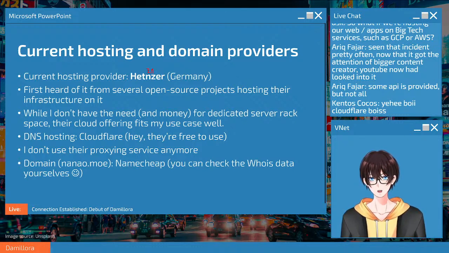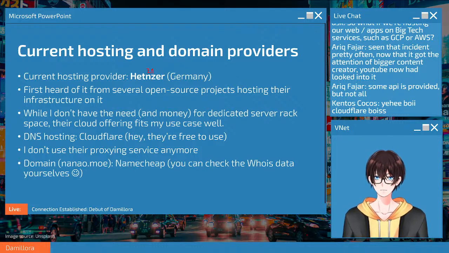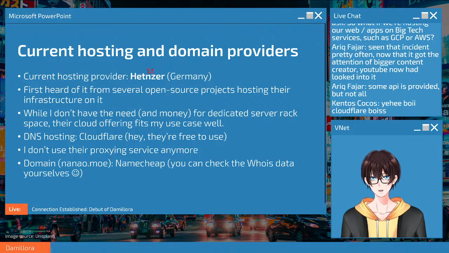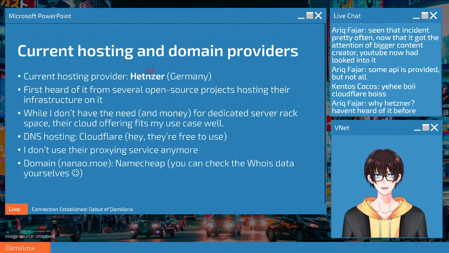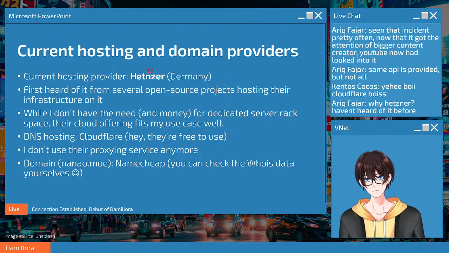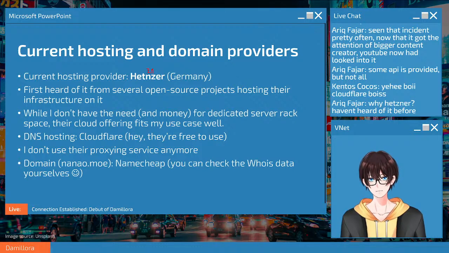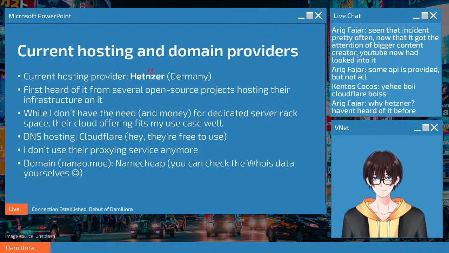But I currently use their cloud offering because it fits my use case pretty well for now, though I really wanted an actual dedicated server because it's quite awesome, and Hetzner is, I think, the cheapest dedicated server provider right now. They even have a server auction where you can buy servers for less than usual.